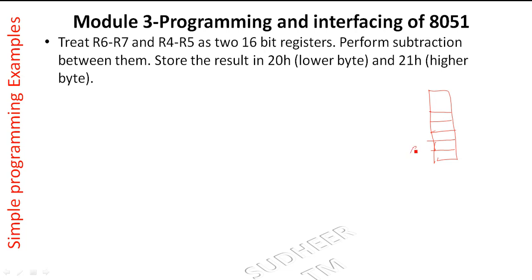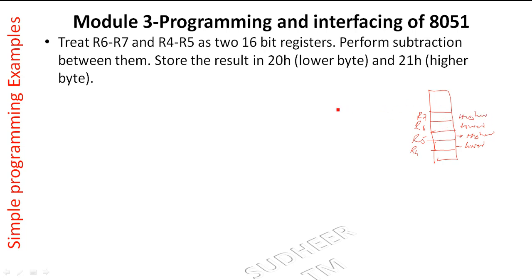R4 we can treat as the lower byte and R5 as the higher byte, and similarly for the other pair.